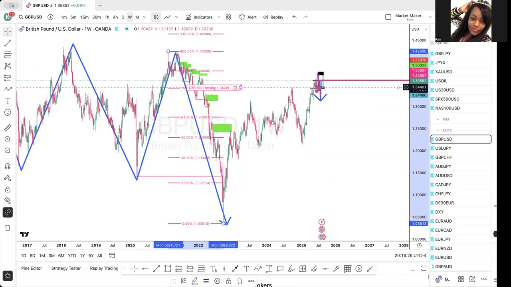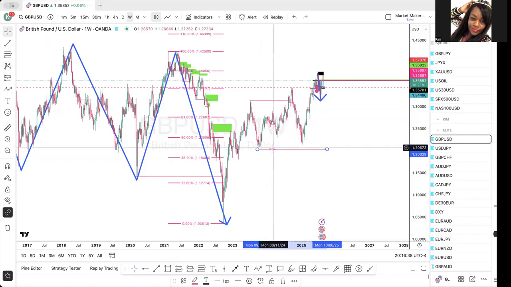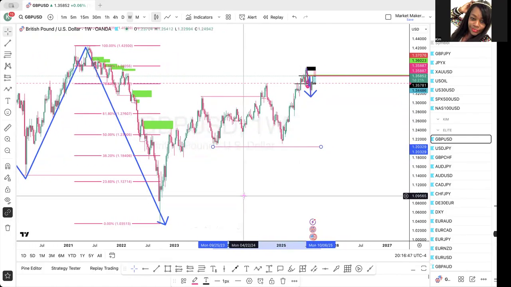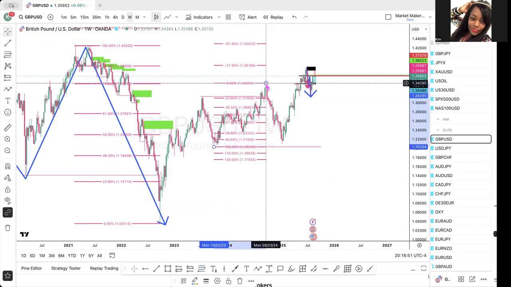Price tapped at 78. It didn't break structure because this is your higher time frame swing high. This is your swing low, but it broke structure, tapped into the 78, pulled back. It pulled back to a 78 or 88, pull back to your 88, right?